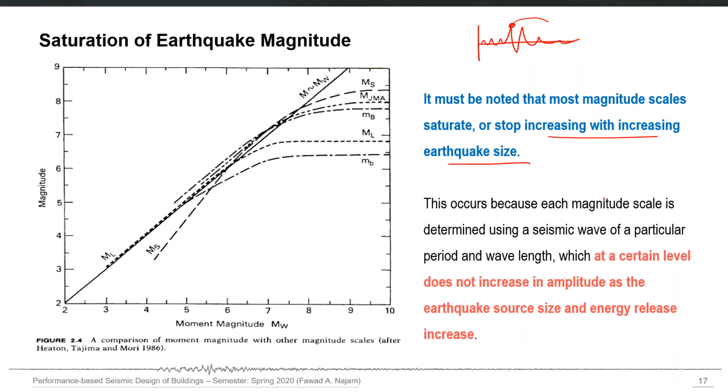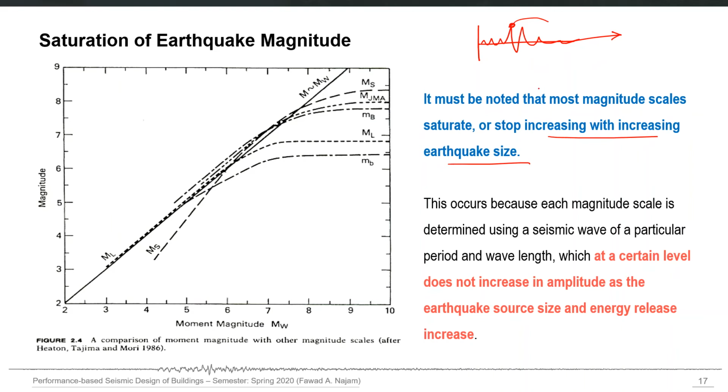So the problem is that at a certain level, if the intensity of an earthquake is increased beyond that level, the amplitude of the recording doesn't increase with the increase in the energy release of the earthquake.